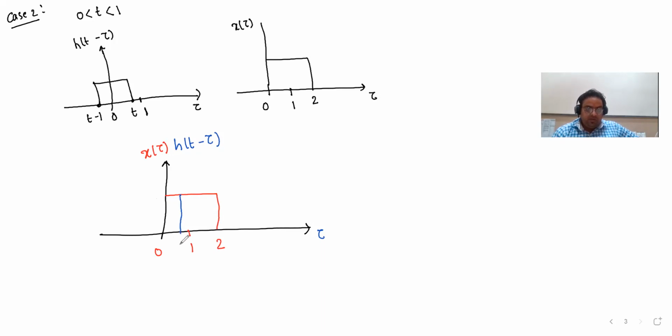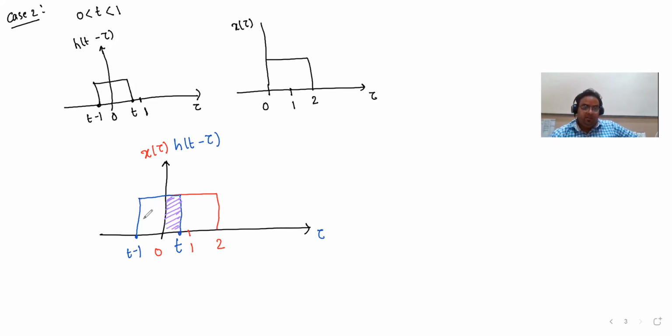You can see somewhere t is there, that is less than 1, and somewhere this t minus 1 is there. Now we need to see how much it is overlapping. The overlapping part I'm going to denote with purple color. This is where it is overlapping, in the interval 0 to t.